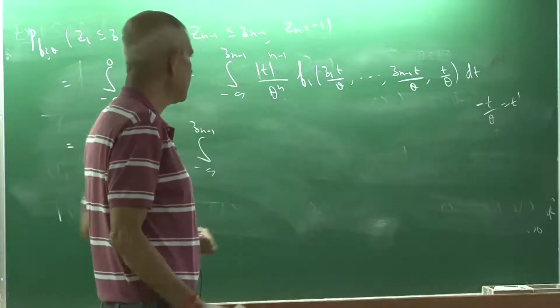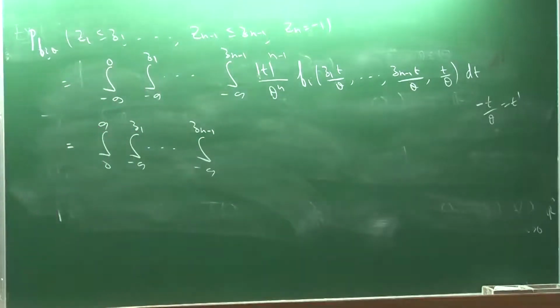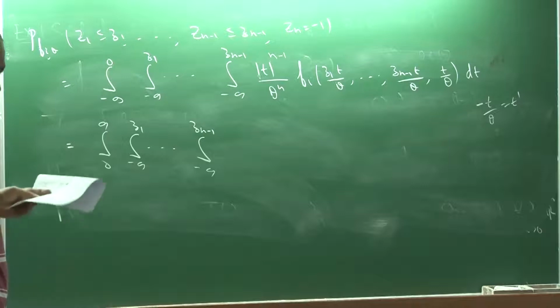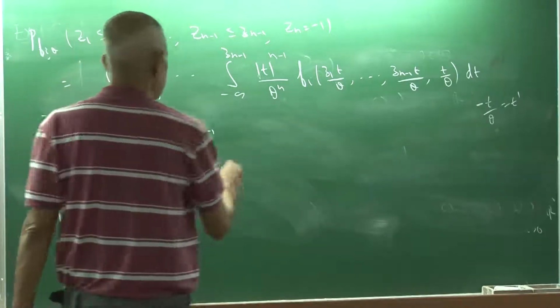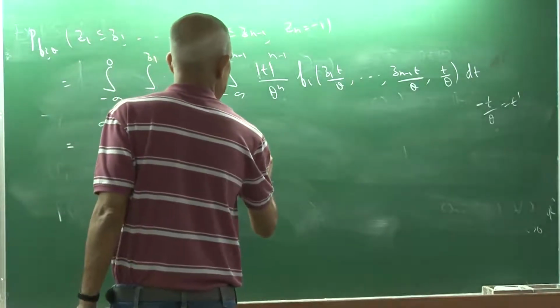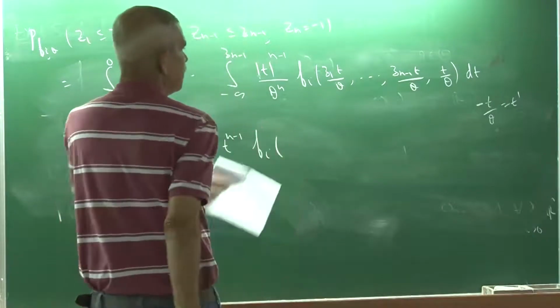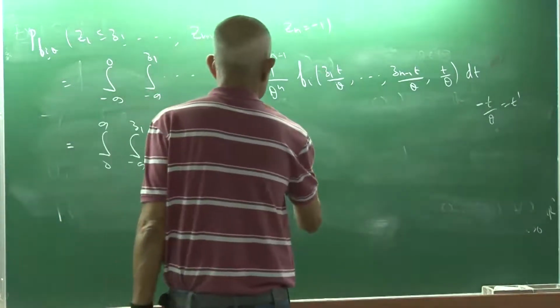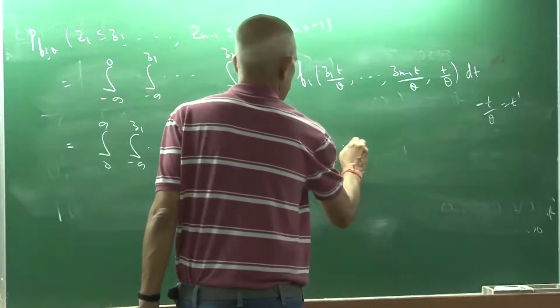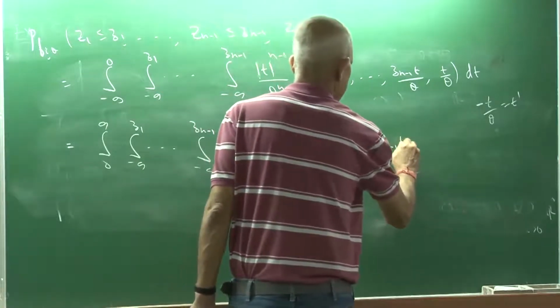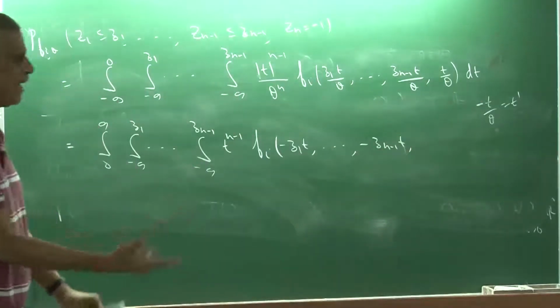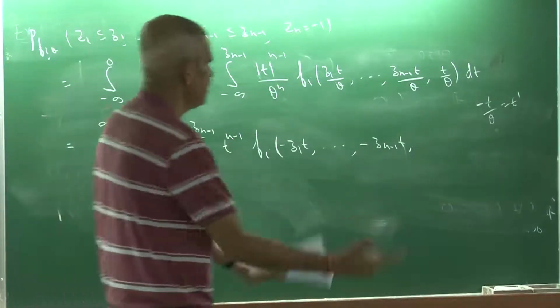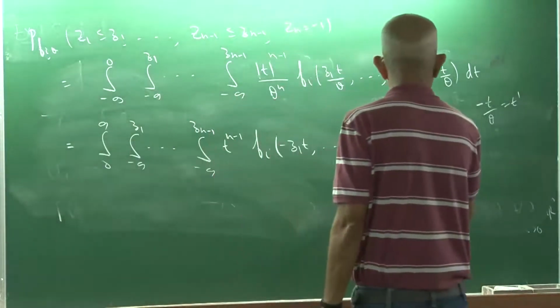Then mod t is how much? t is nothing but minus theta times mod t, right? So that becomes t to the power n minus 1, Φ, and now t by theta is minus t prime, so minus z1 t, minus zn minus 1 t. I have first applied t prime and then converted t prime to t, because t is an integrating variable, and minus t.